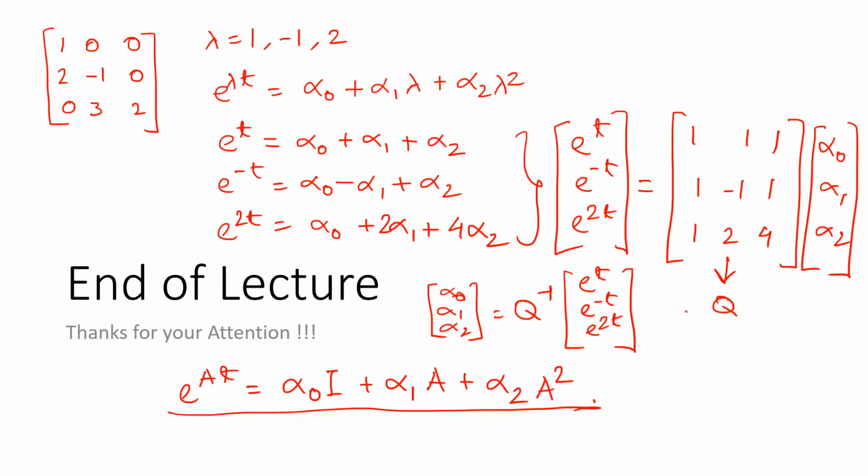You can also find out your alphas by simply doing some manipulations in these equations, but if there is a large number of equations, it is good to form the matrix and do the matrix method. But for very simple relationships, you may find alpha 0 very directly.